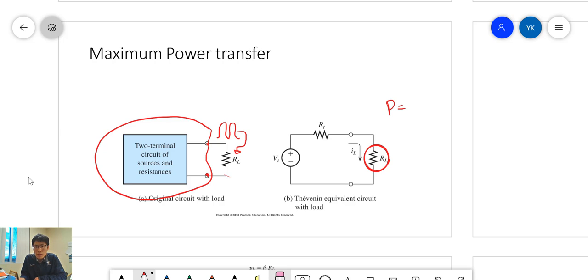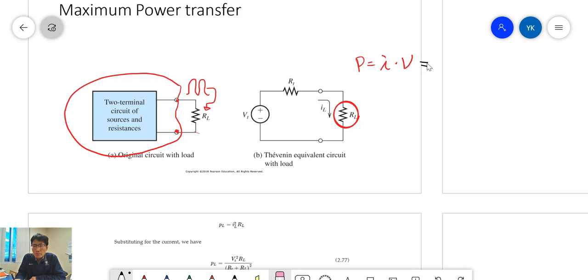So power can be calculated as the product of current and voltage. According to Ohm's law, we can convert this into the other form, I squared times RL.